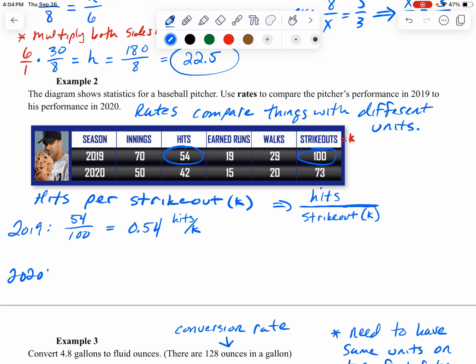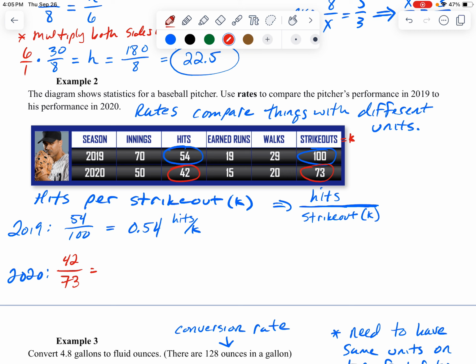In 2020, let's just switch colors here. Hits are 42, strikeouts are 73. So again, we just set up our fraction: hits 42 per strikeouts 73. And if we punch that into a calculator, we would get our number here.